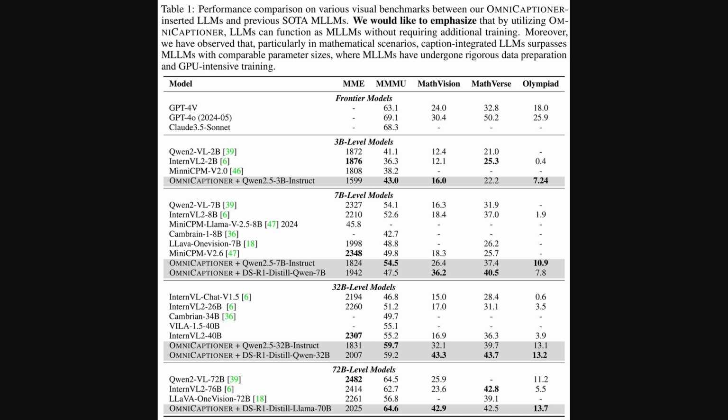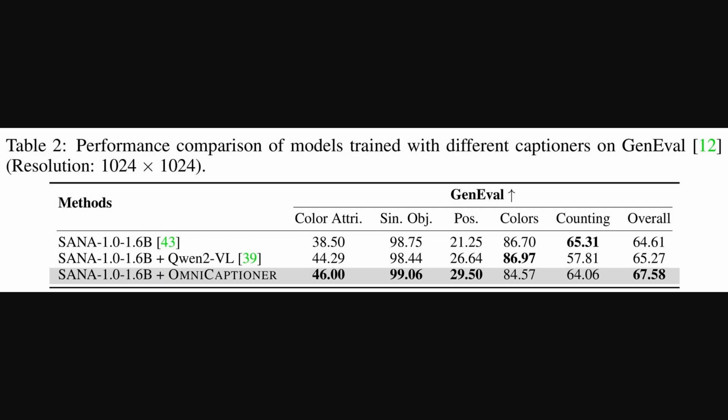They consistently achieve really strong scores, often beating comparable models. For instance, look at the 7B models on MathVision. OmniCaptioner plus DSR1 Distill QN gets 36.2, much higher than the baseline QN2 VL7B's 16.3. It really shows how just providing a better caption significantly boosts the reasoning ability, even without extra training for the LLM itself.